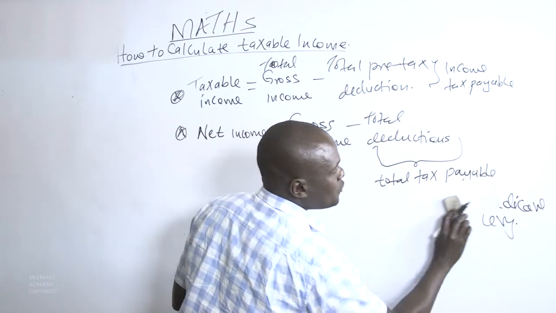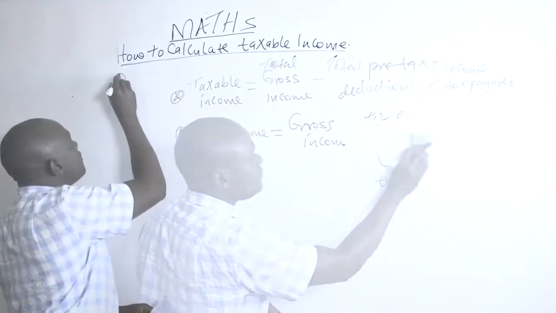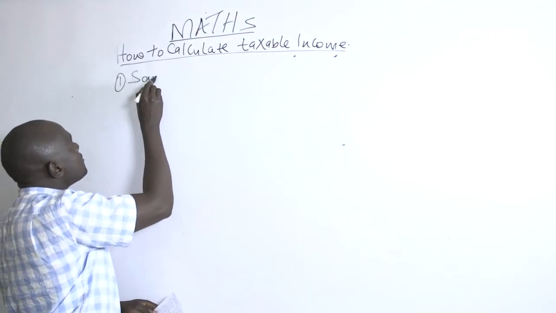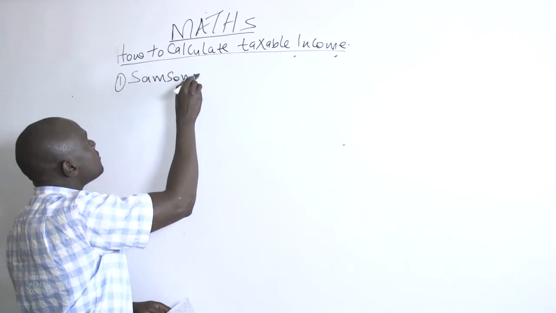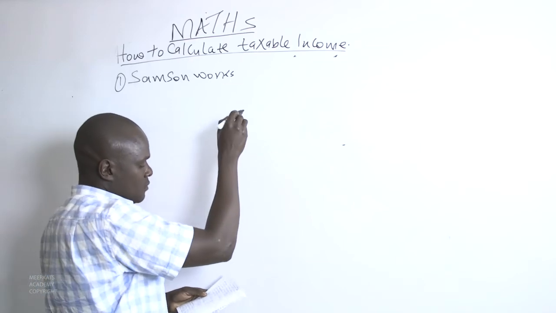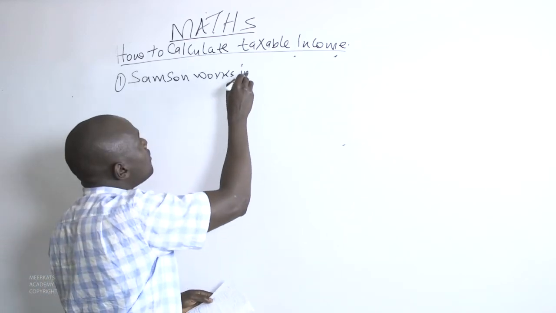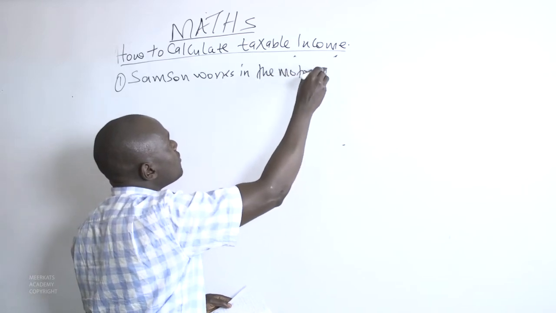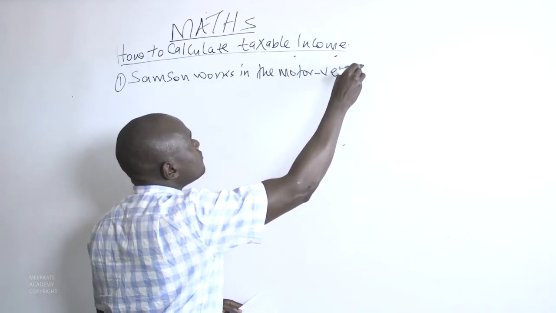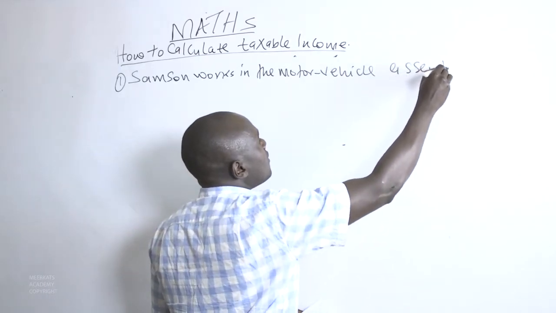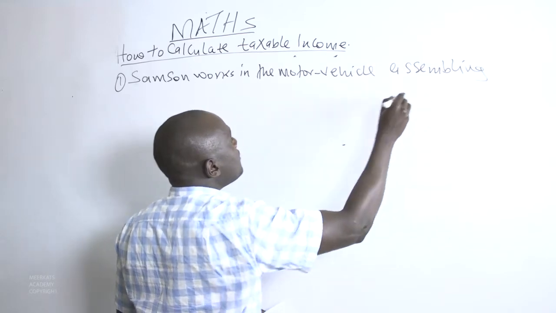Let us now move on to examples. Our first example is Samson. Samson works in a motor vehicle assembly plant.